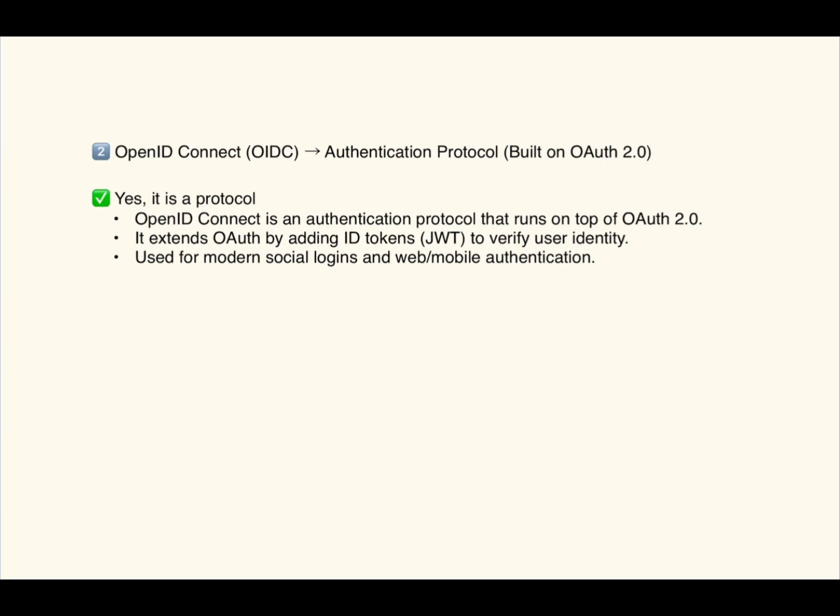If xyz.com also needs access to external services, for instance Google Drive, then OAuth 2.0 is used to grant access or permission. So if we summarize it, OIDC does what SAML does.